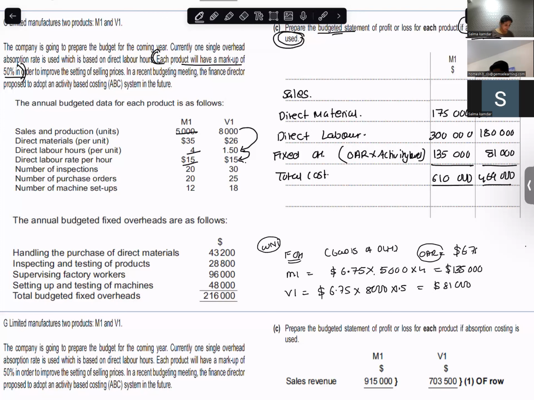Now, sales minus total cost will give us profit. So where will you get sales? We have to find sales. Profit is what?